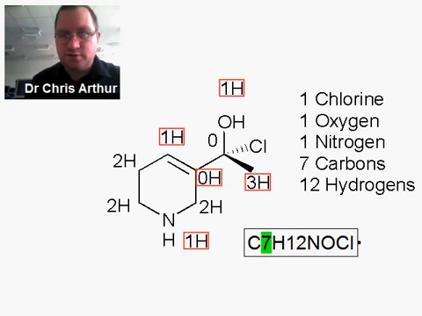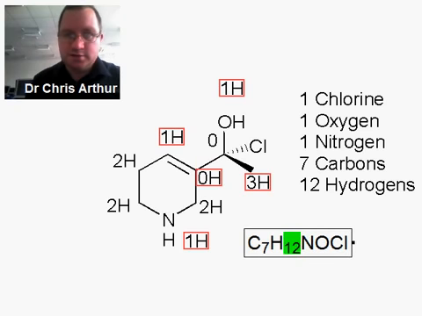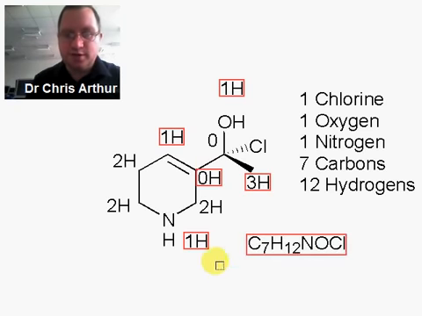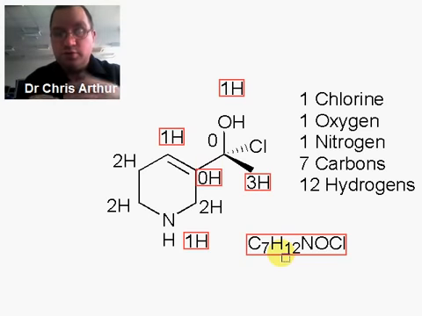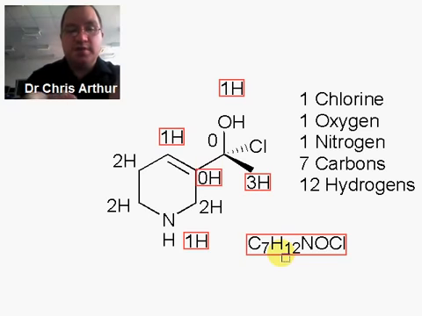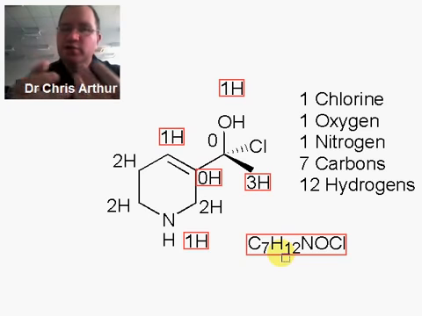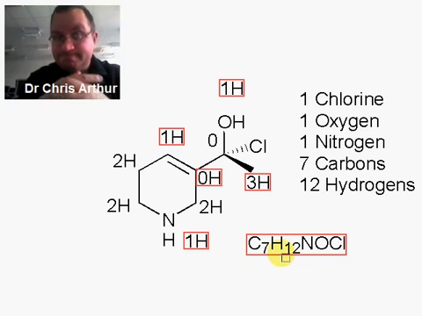Remember that the number of atoms gets shown as subscript. That leaves us with our molecular formula. So we've gone from a structure that we've not met before, and we've been able to work out its molecular formula. And from that we can calculate other things, for instance its molecular weight.